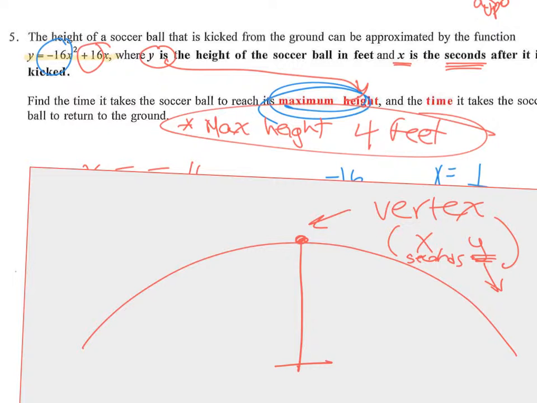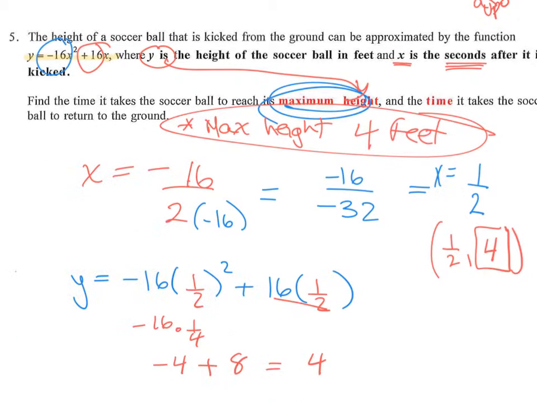This is the reason why I need to use x equals negative b over 2a to find the x value of the vertex. Then I have to plug that x value of the vertex back into my equation to get the y value. And the y value, which is 4, is telling me that I am going to reach the maximum height of 4 feet off the ground. That's half of the question.